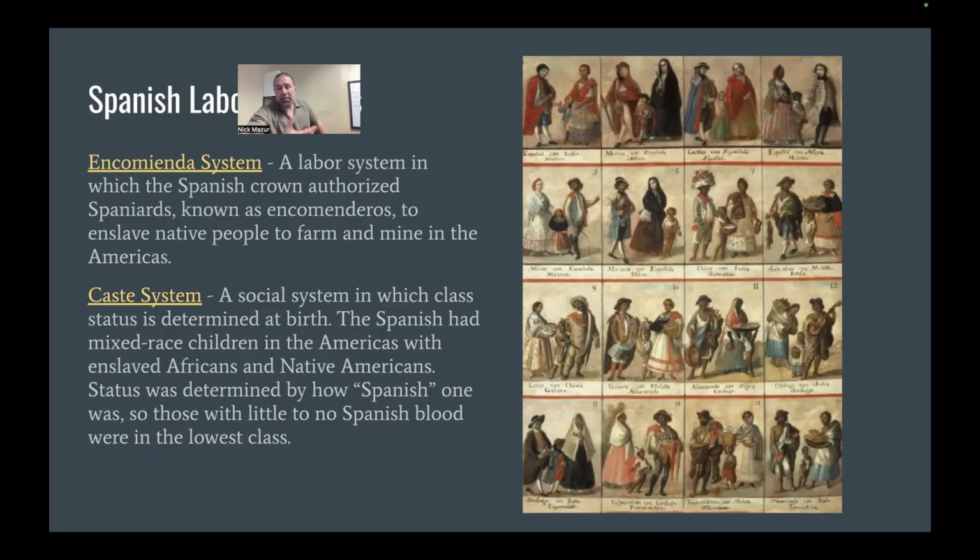And so what eventually we see in this system is that what develops in the Spanish labor system, the encomienda system, is something that is going to be borrowed by the people in North America. Because remember, ideas travel, right? People have these various notions and ideas of various groups. And remember, the ideas of race are being developed in the 18th century, right?